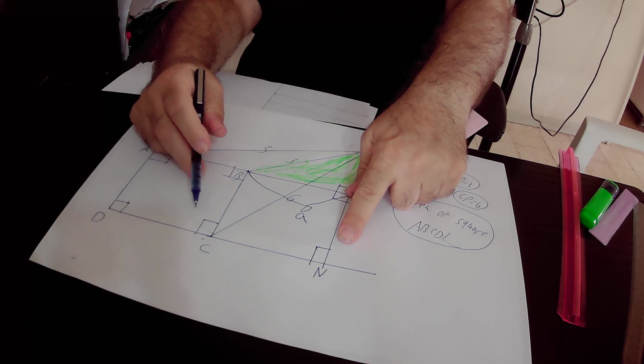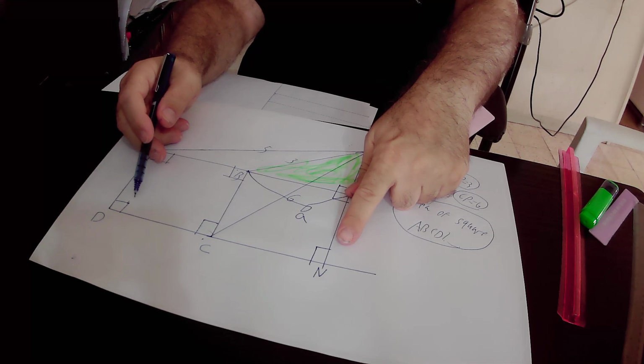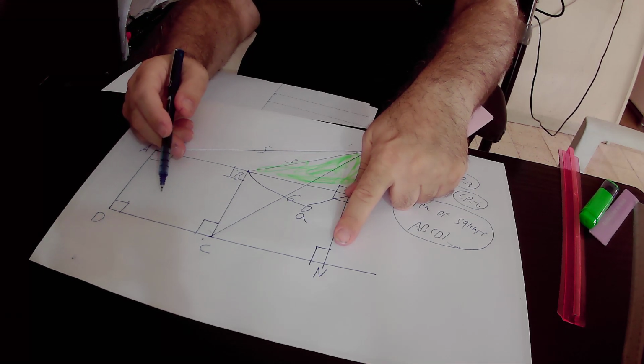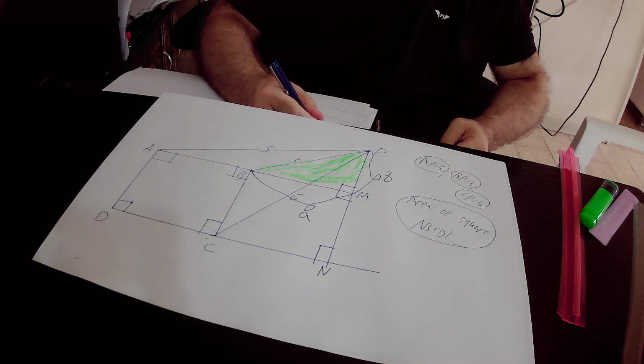When you extend a straight line by a straight line, the result must be a straight line, therefore DN must be a straight line. So I'll write it down: DN is a straight line.